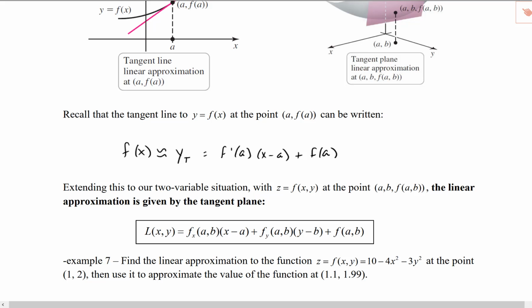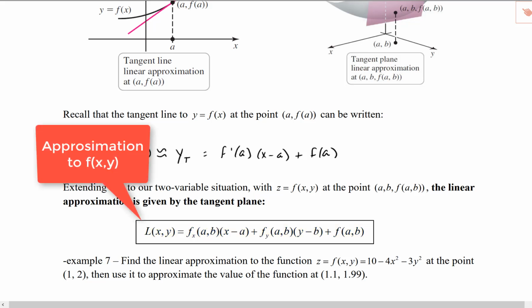We can extend this to our two-variable situation with z equals f of x, y at the point a, b, and f of a, b. Thus, the linear approximation using a tangent plane is given by L of x, y, and again, that's an approximation to the actual function value.